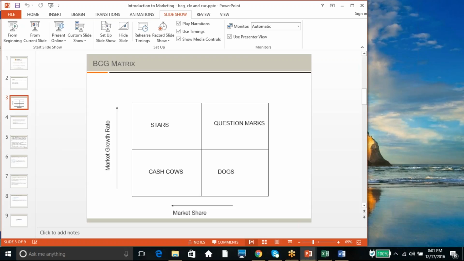That is the space which is growing very fast. So all your advertising and everything happens there. And to maintain your market share in the star category, you have to be fighting with the competition there. You don't have much competition for a cash cow because nobody wants to invest in that. A star eventually will become a cash cow when the market will get saturated.